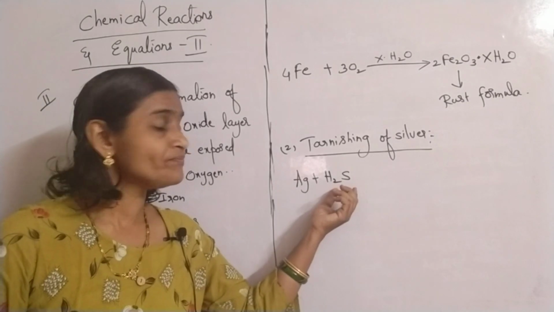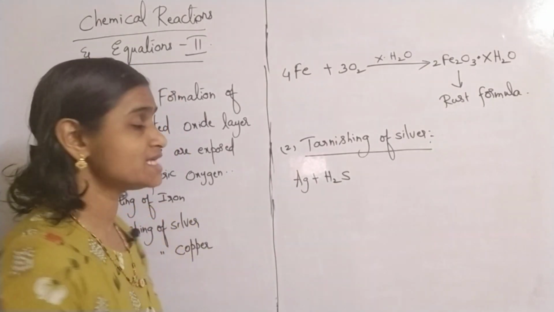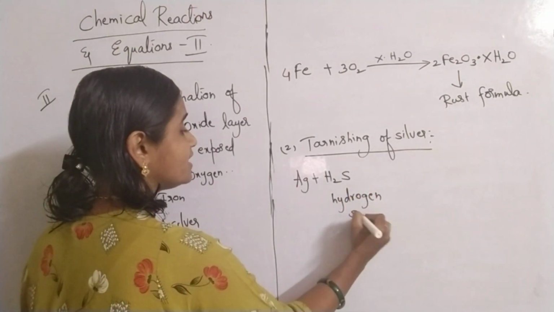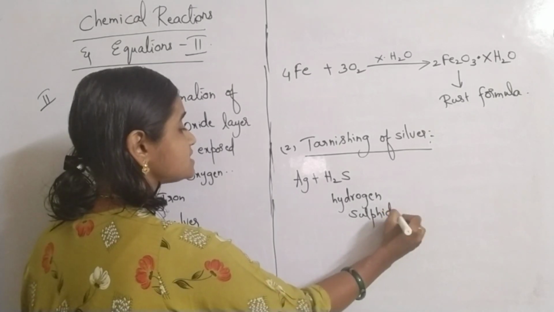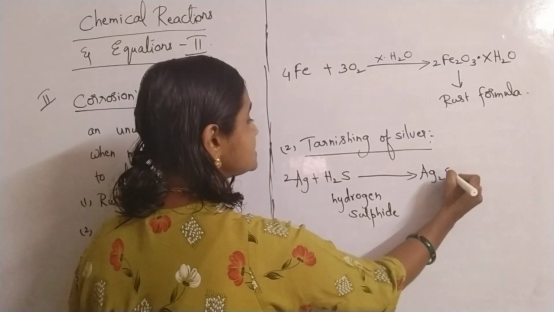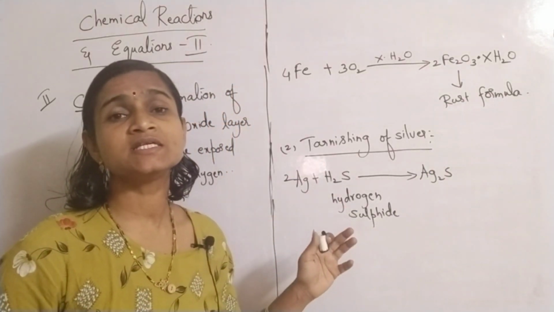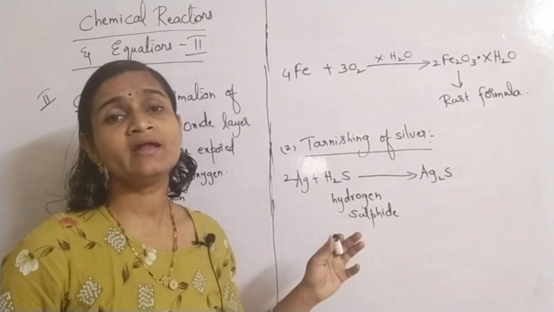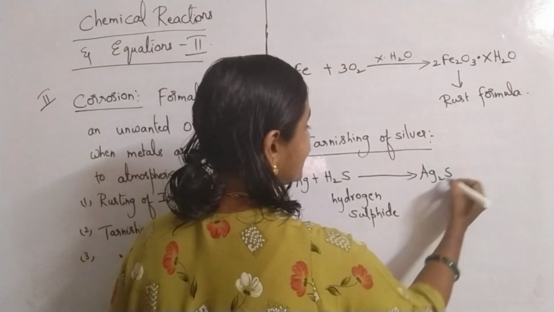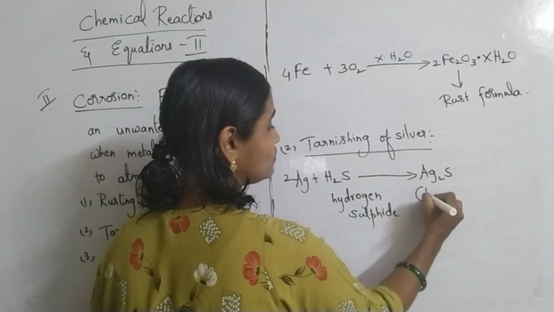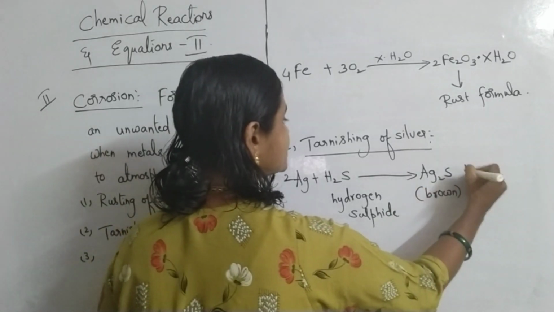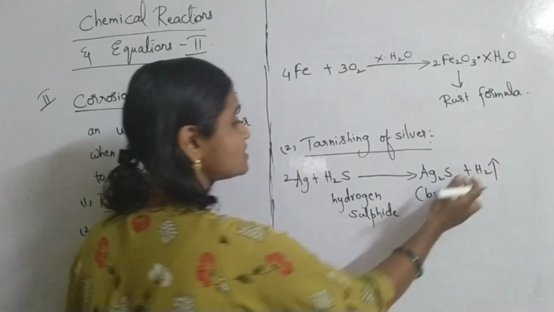So this Ag, when it reacts with H2S, forms Ag2S, which is silver sulfide, the unwanted layer which is formed. Here a brown colored sulfide layer is formed, plus H2. Liberation of hydrogen is very less.